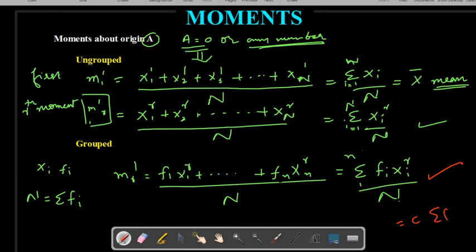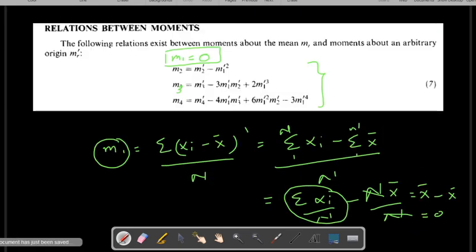Then sigma fi ui raised to r. R is the common term, all right? So remember this thing. If it is x, there is no c term. If you are converting xi to u, then you have to multiply the c with the terms. That's what they have done in the table.